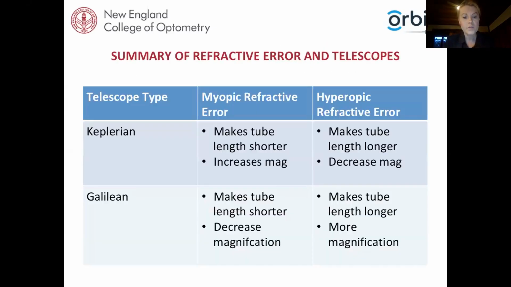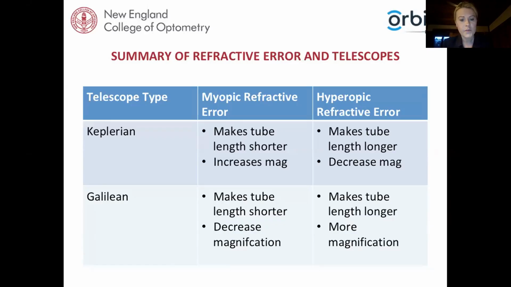Some general principles: for Keplerian systems that are focusable, a patient with a myopic refractive error will make the tube length shorter, and they will actually get more magnification out of the system with their glasses off than they would with the glasses on. Whereas the hyperope is the opposite situation. They're making the tube length longer and they're getting less magnification with the glasses off versus on.